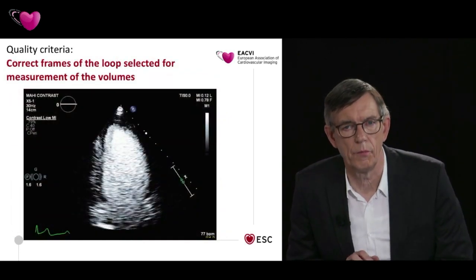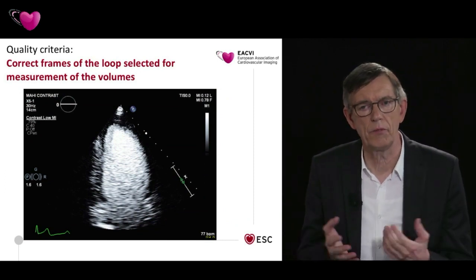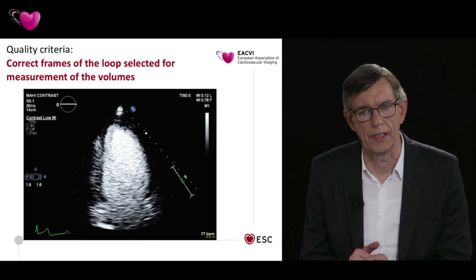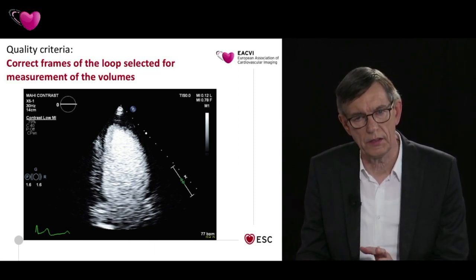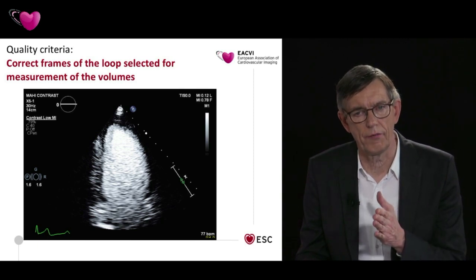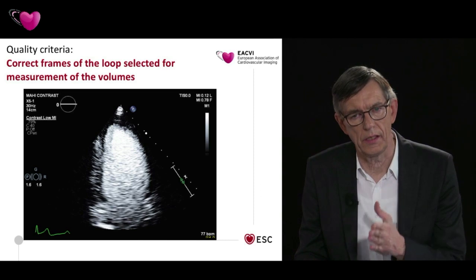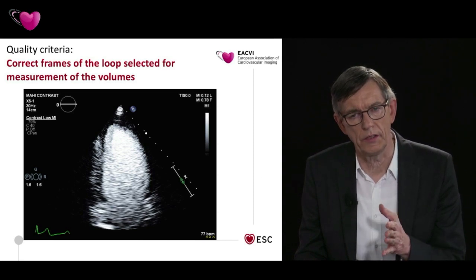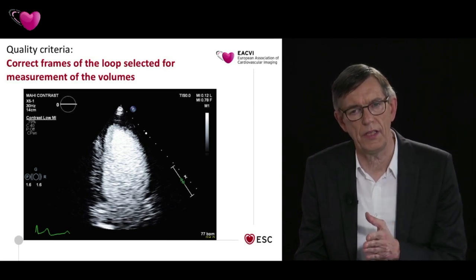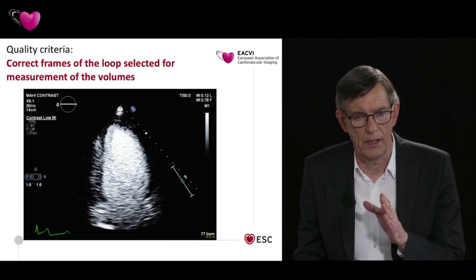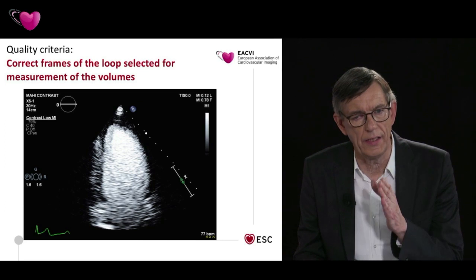So how can we find the appropriate frame for end diastolic volume measurements? What is very important is that you take the time and go frame by frame through the loop. Normally, the ECG recording, the loop recordings start with the R wave and usually towards end diastole.